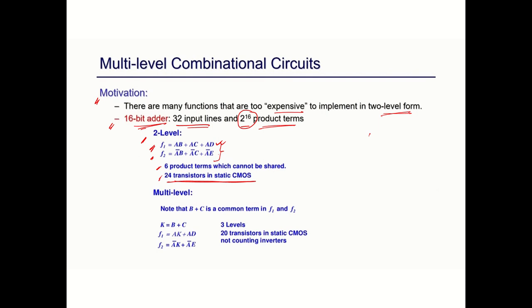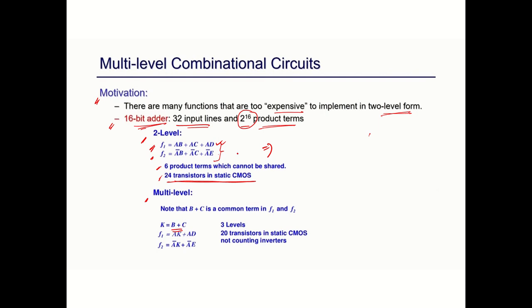But if we just try to realize it somehow, and if we extract some product terms or some parameters that can be shared between these two functions f1 and f2, so automatically the function can be reduced. So here in this case, what we have considered is that k is equals to b plus c.